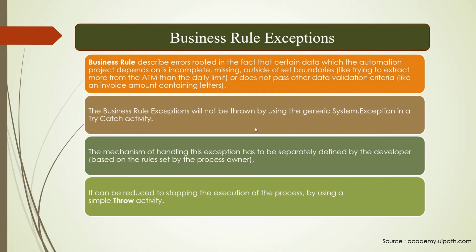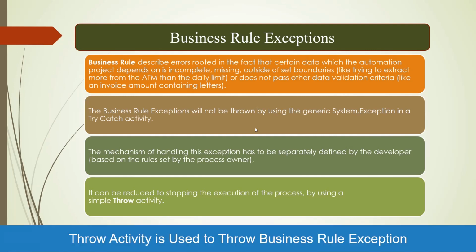We will see all of this, but as of now just remember that the business rule exception is something the developer has to throw explicitly, and the activity we use for that is called the throw activity.